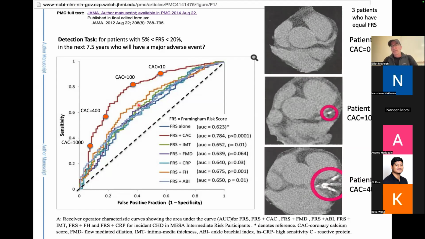All the major societies recommend that you should have a calcium scan in your 50s. I think you should have a calcium scan in your 30s, actually, because some people, it turns out, do have calcium in their 30s, and those people should go on a statin right there, at that age.